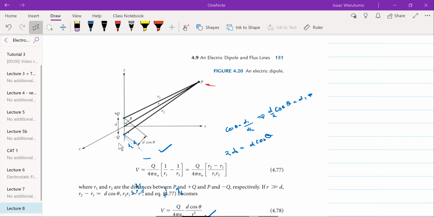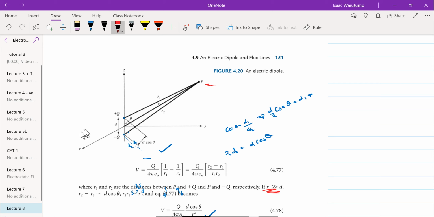There are some approximations that we adopt, and for those approximations to be viable, the distance r, from the center of the dipole to point P, the point of observation, must be far bigger than the length of the dipole, or the length between the 2 point charges.